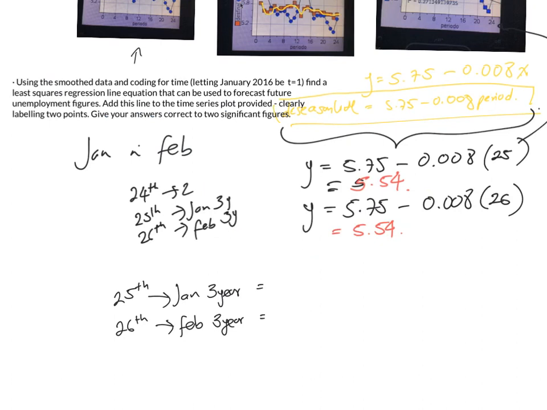So now that we found these two values, those values represent the deseasonalized value of this set of data, which means that this is not the original value that we're looking for.